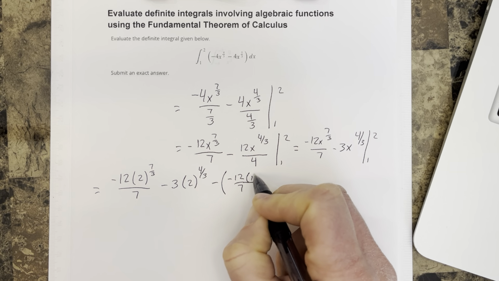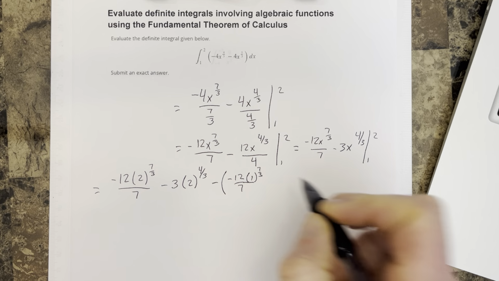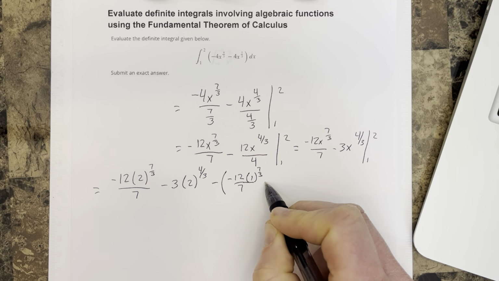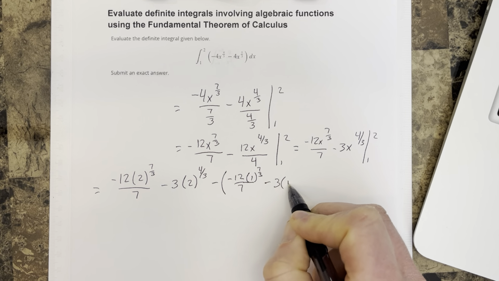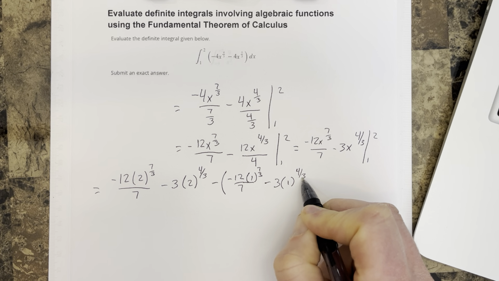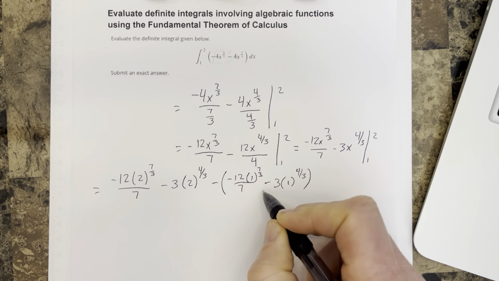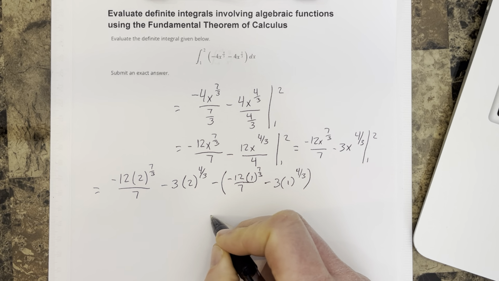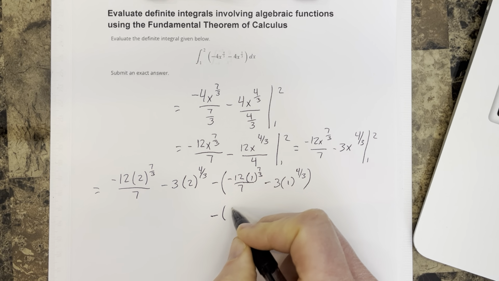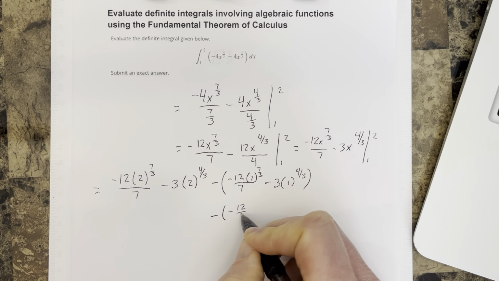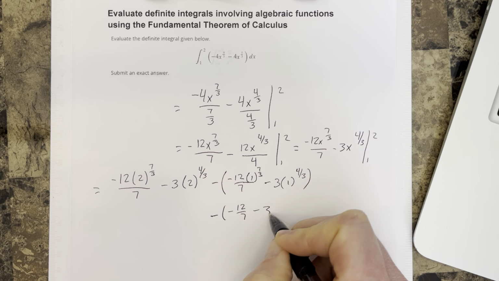This would be 1 to the 7/3. And then minus 3, 1 to the 4/3. Now inside here isn't so bad. This is just 1, so I get minus negative 12 over 7 minus 3.